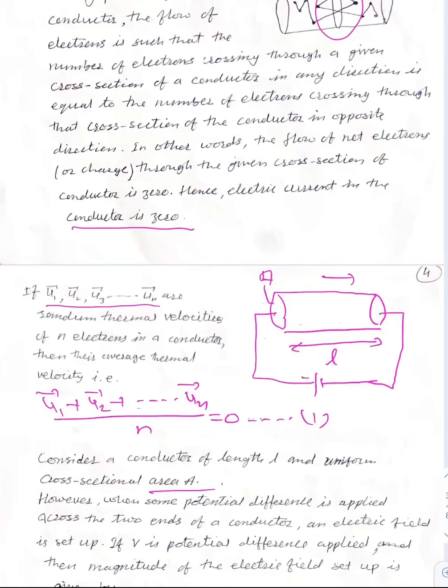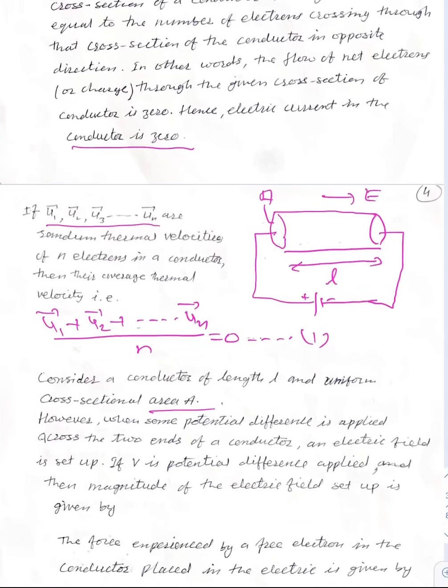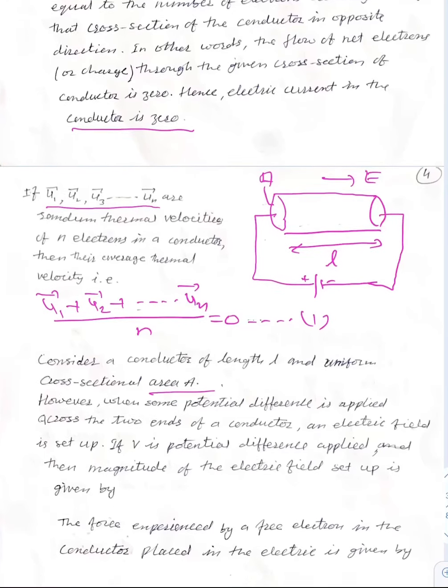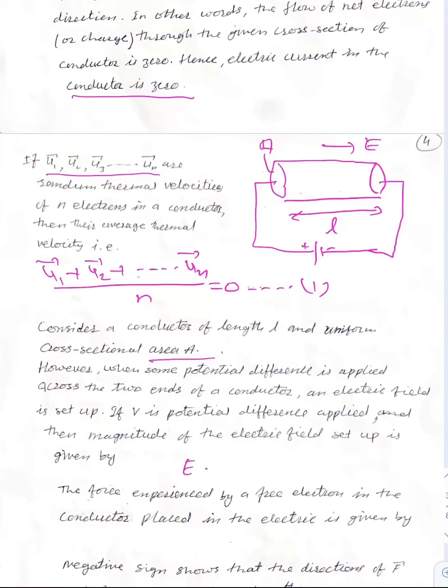Then the direction of the electric field is from positive to negative terminal. A potential difference is applied across the two ends of the conductor and an electric field is set up. If V is the potential difference applied, then the magnitude of the electric field set up is given by E = V/L.